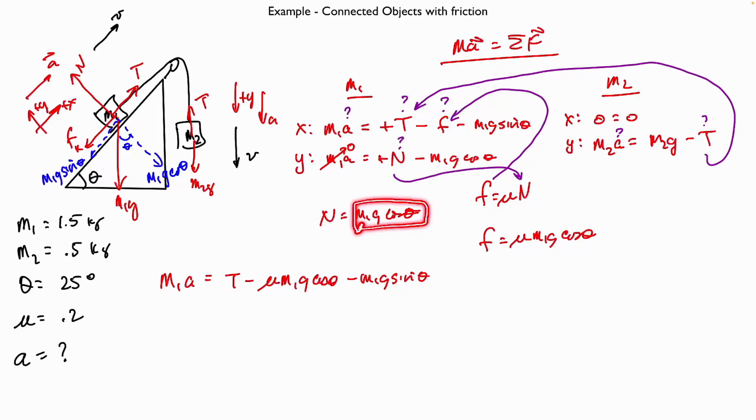I don't know what number it is, but it's a number, okay? Because I know m1, I know g, and I know cosine theta. Those are all things I could put in my calculator. So I stop seeing it as separate things, and I just see it as a lump thing, right?